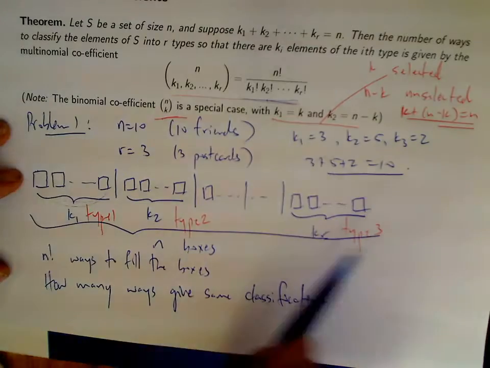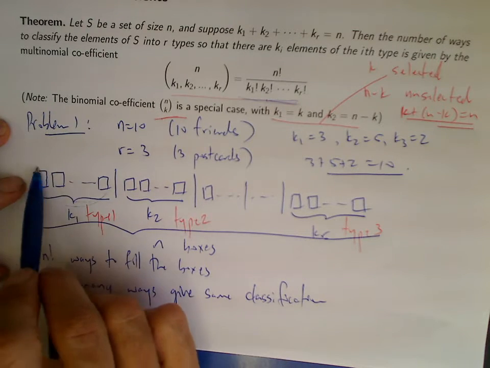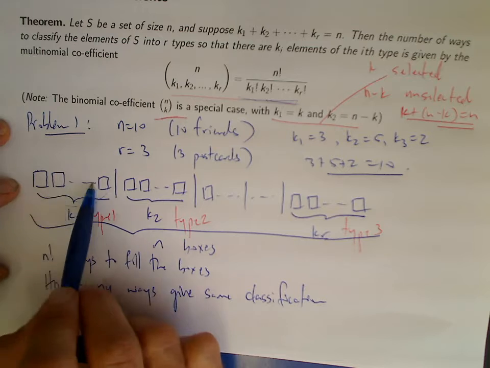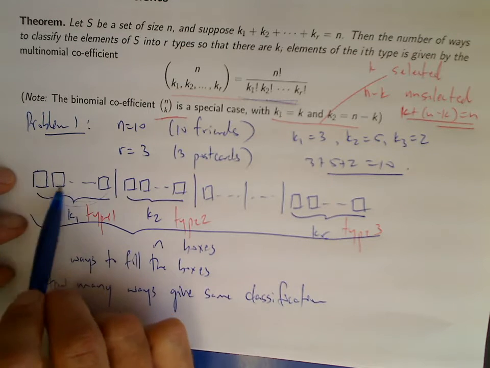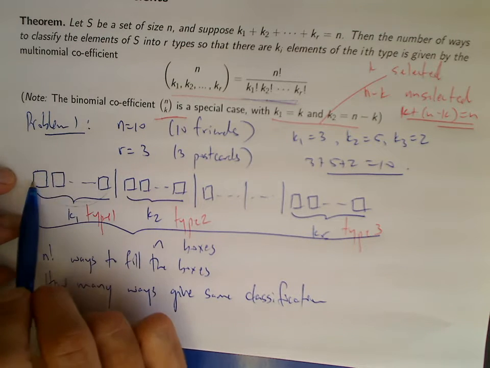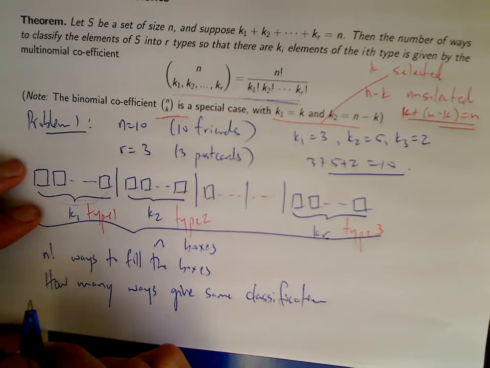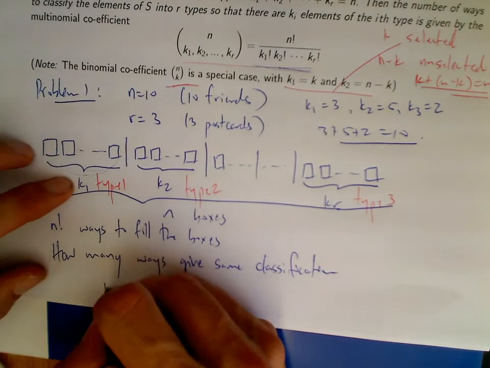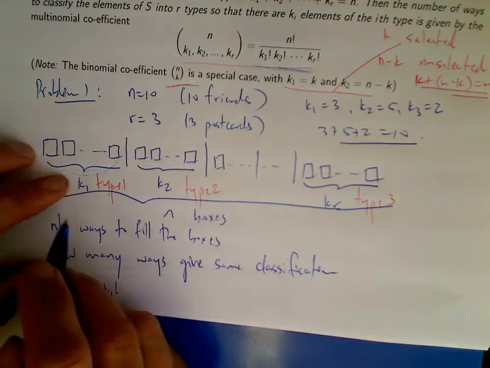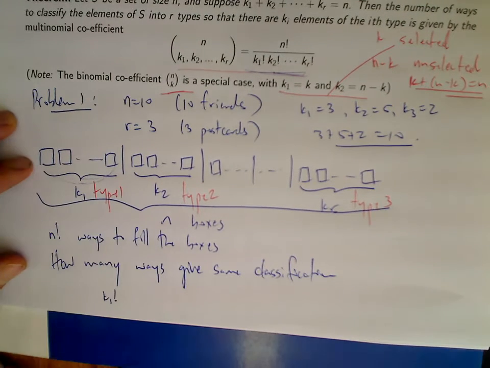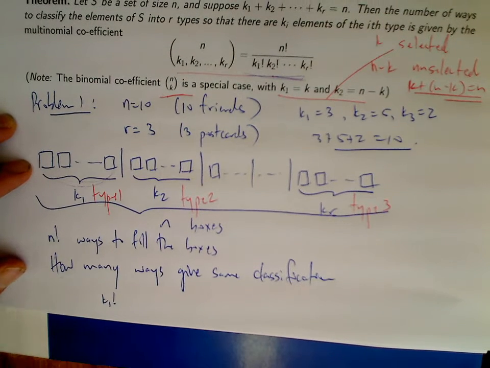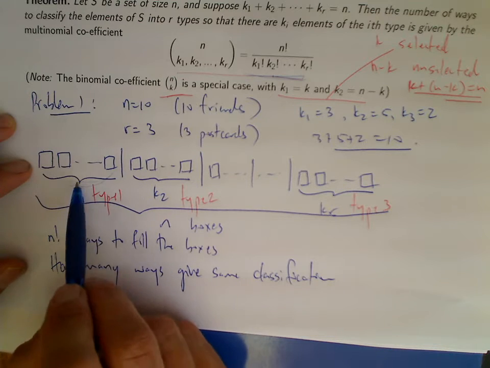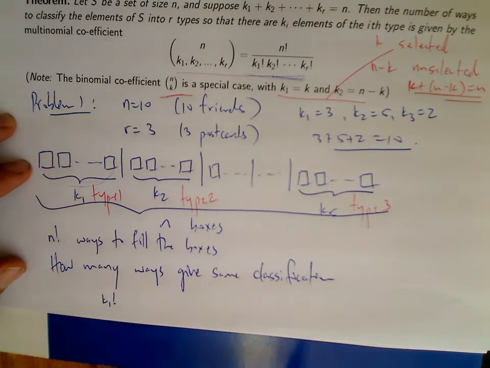Well, to get the same classification, any way of filling these boxes, any way of scrambling the k1 things that I put in here is going to give me the same choice of what is type 1. There's k1 factorial ways to reorder the things that we put in these first boxes, and that'll all give us the same choice of classification of what is type 1.